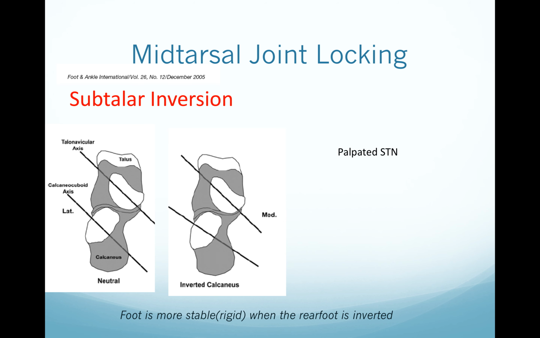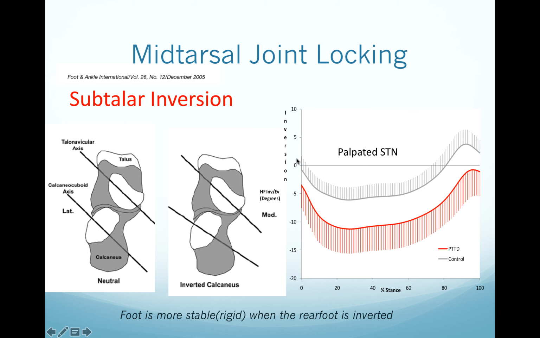When you invert the calcaneus at the subtalar joint, what you notice is that the axes are no longer in parallel, and that this lack of parallel alignment locks the midtarsal joint, preventing movement at the talonavicular and calcaneocuboid joints. This, in effect, prevents plantarflexion and dorsiflexion of the midfoot.